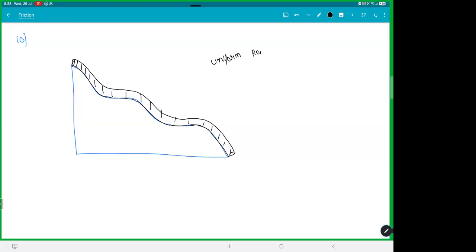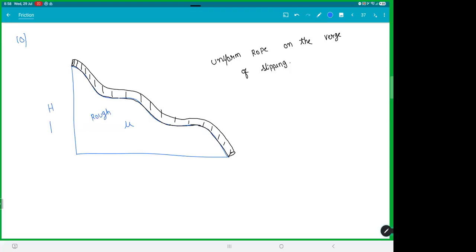This is a uniform rope on the verge of slipping. Meaning a little disturbance and this whole thing will slide. So this is a rough incline, so the surface is rough.